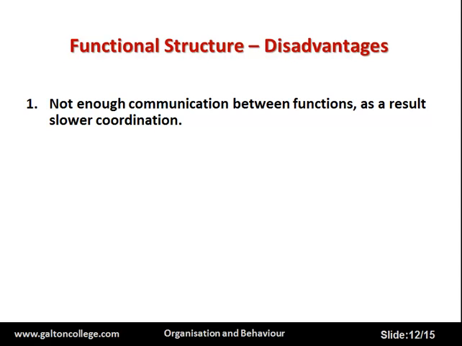Marketing should keep production informed as to what's likely to be future sales or future trends. Perhaps the research and development department is working on its own. It's not talking to anyone, whereas in fact it should be working hand in hand with the marketing department because they know what customer needs and requirements are.